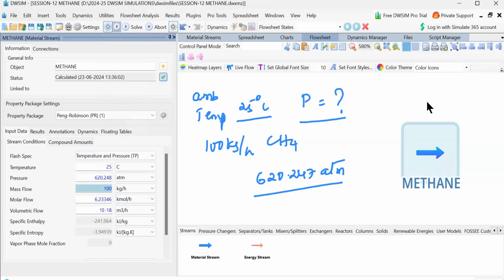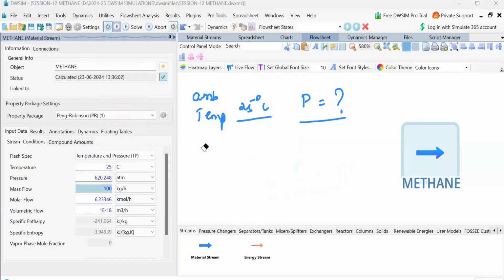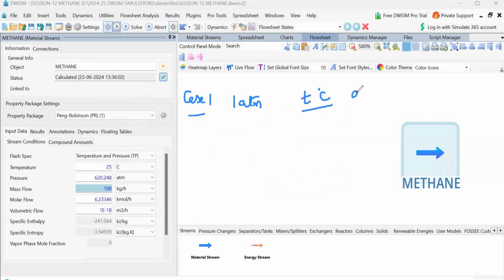So my interest is that, everybody, you have to understand the compound methane. Case 1, if I am operating at 1 atmosphere, till what temperature it is in gaseous state, beyond what temperature it is in liquid state.